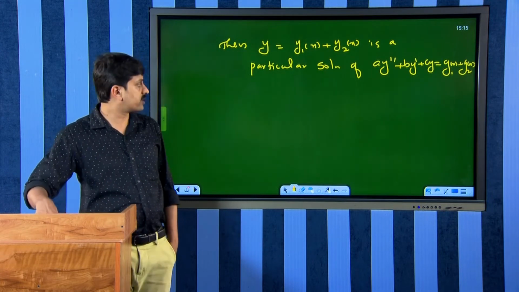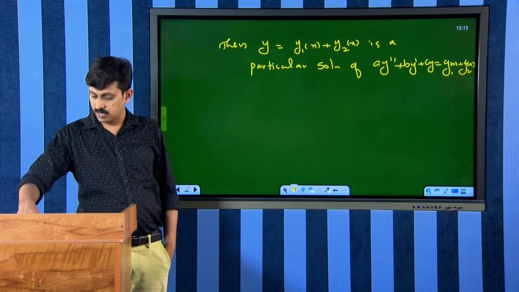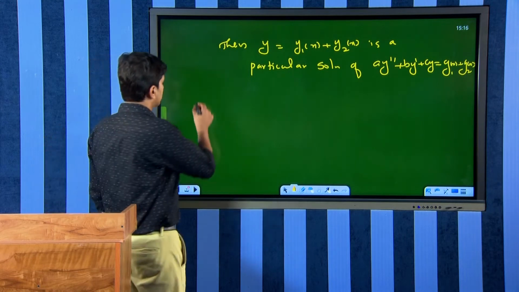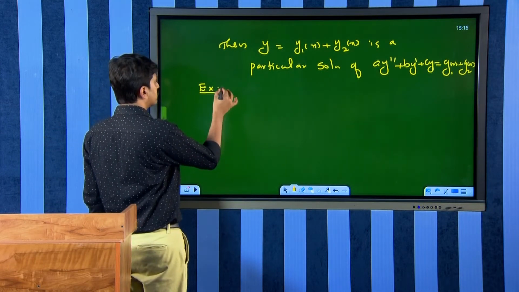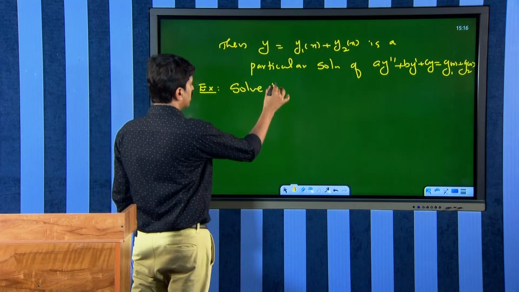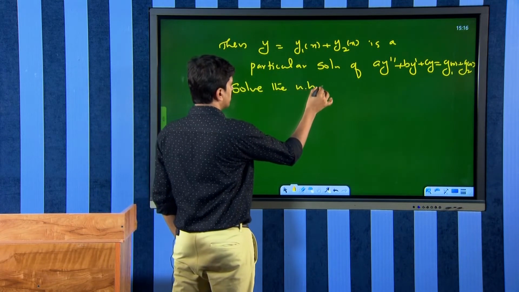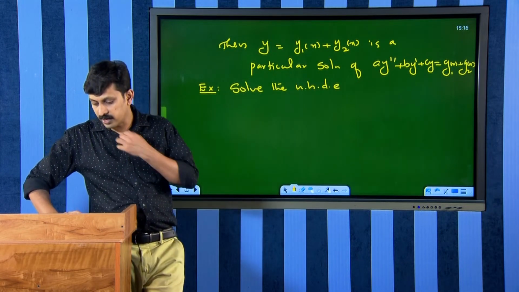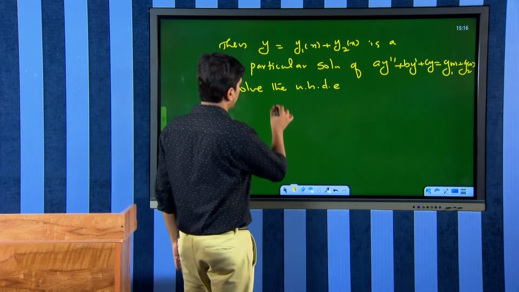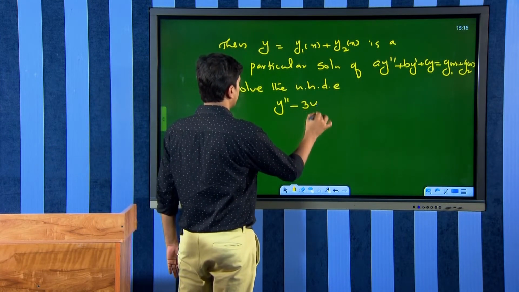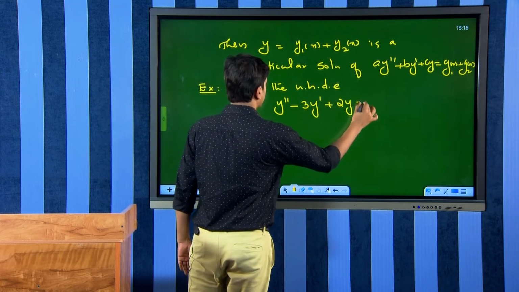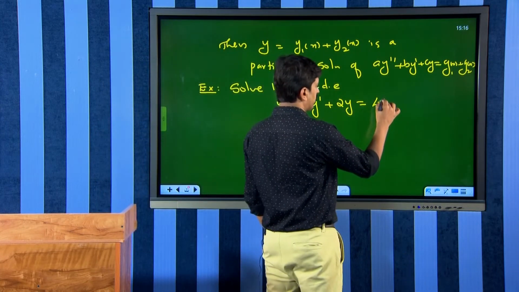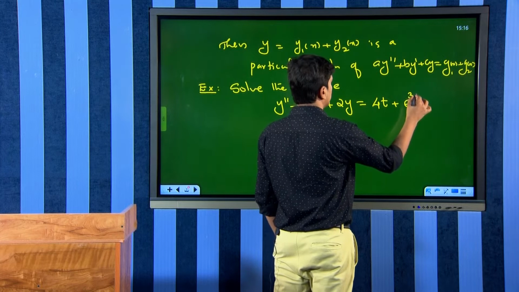See, my dear students, we can move to an example. Solve the non-homogeneous differential equation y double dash minus 3y dash plus 2y is equal to 40 plus e raised to 3t.